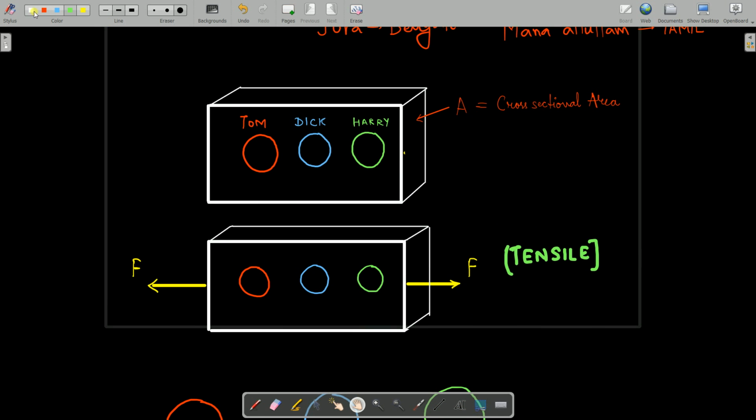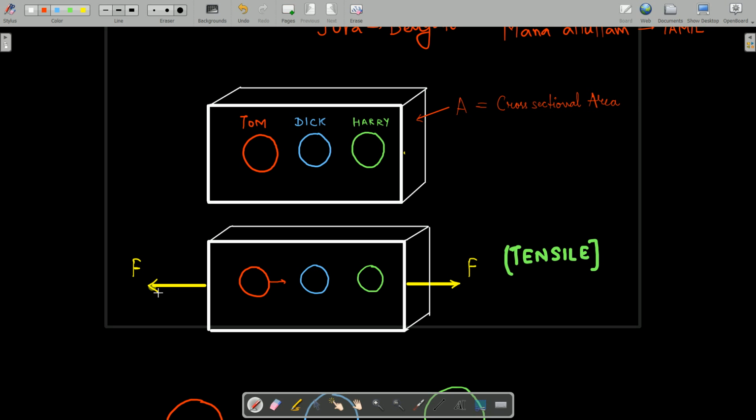Here, if I am applying a force in this direction towards the left, Tom will try to oppose it, and will try to apply a force just opposite of this F. Understand once again, I am applying a force externally towards the left.